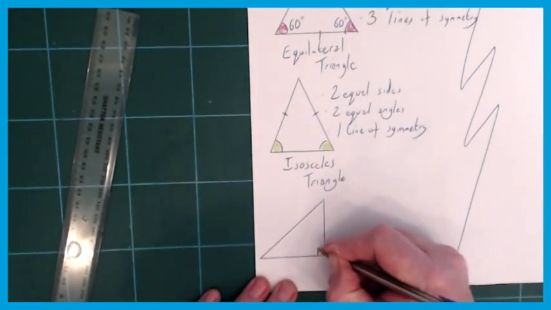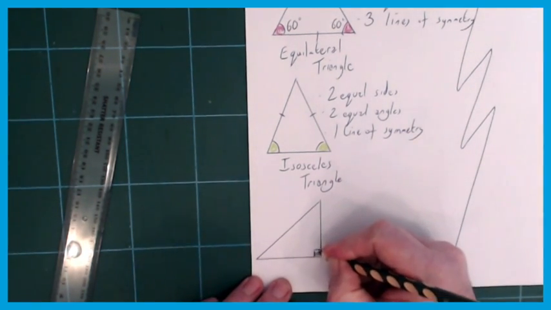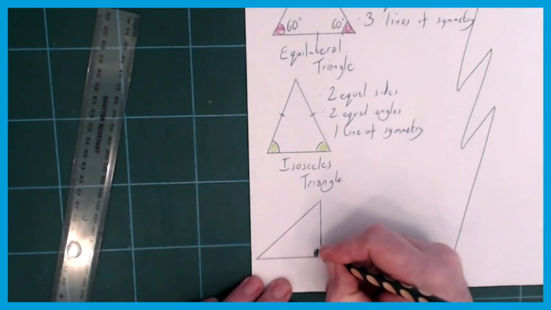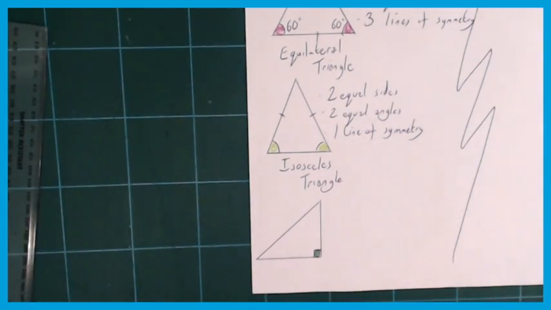Look at our old friend here, this little symbol down here that tells us that that is a right angle. And we know right angles are 90 degrees. That's a right angle.